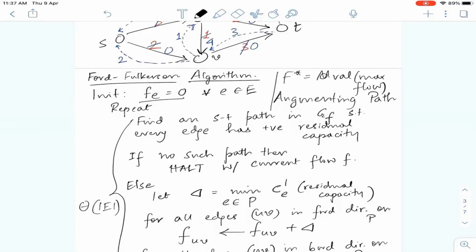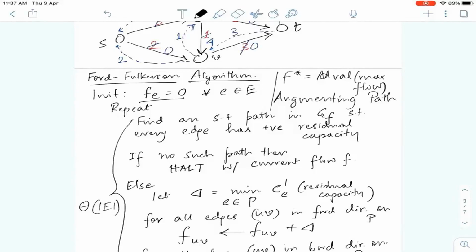Remember, we assumed here that all the capacities are integers. Non-negativity does not work. Because if the capacities are real numbers, then I cannot claim anything, as maybe your flow increases by a very, very tiny amount in each iteration.